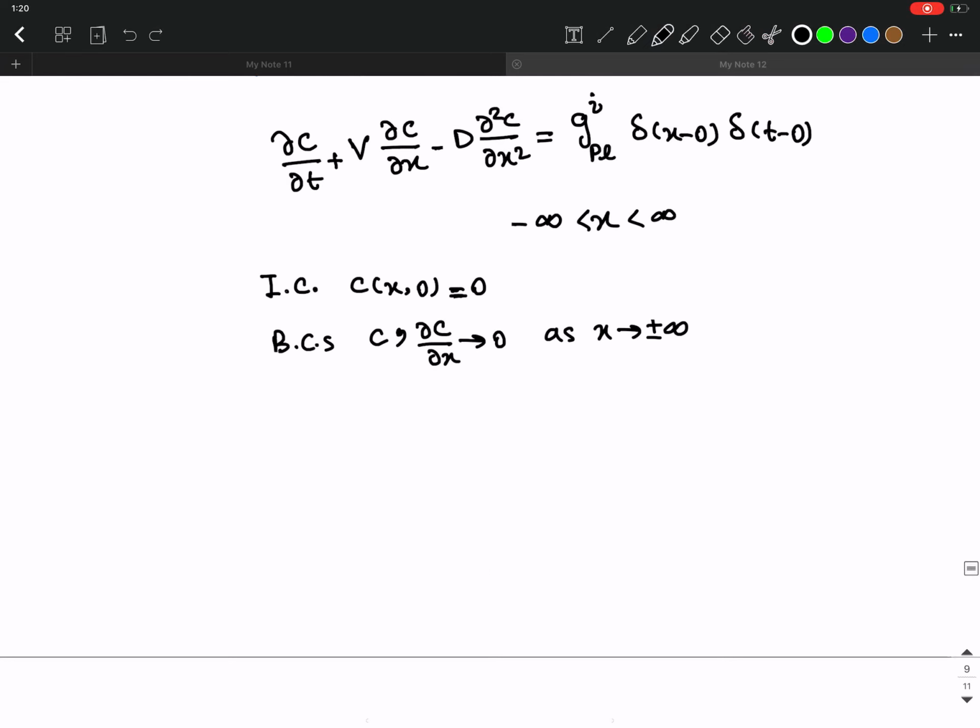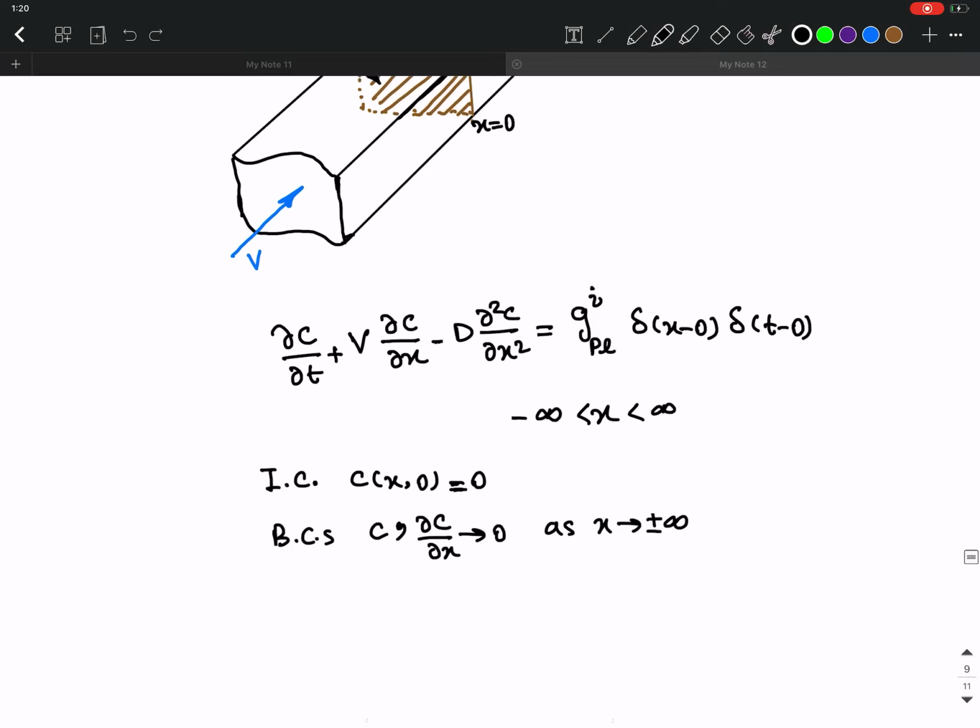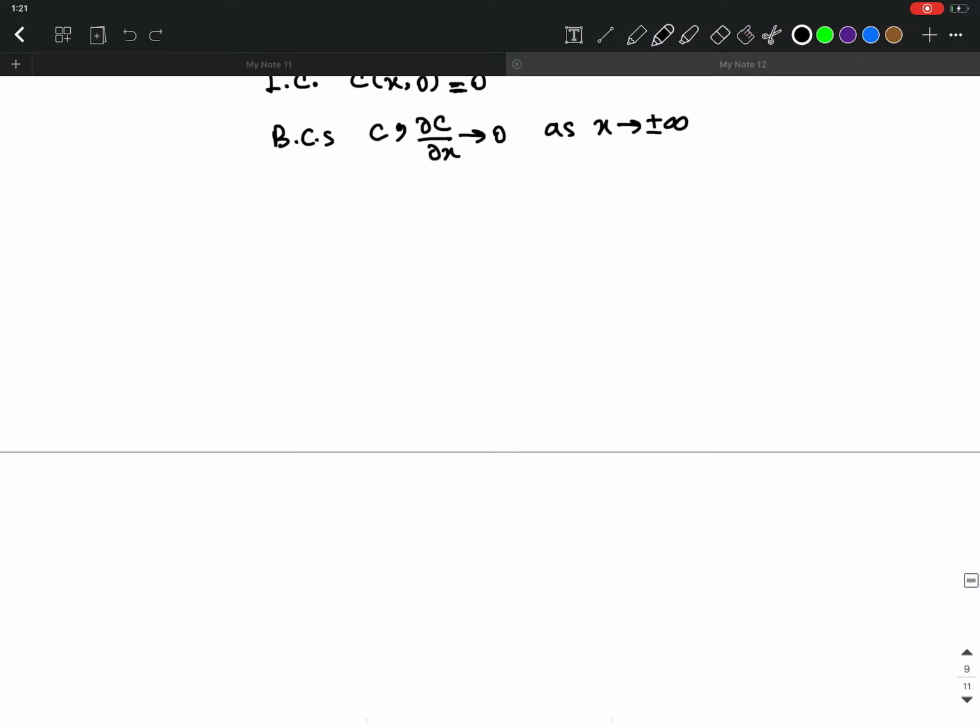Okay, so before moving to solving this question, I want to have a side note about the delta function. For those who don't know, this is just a reminder.